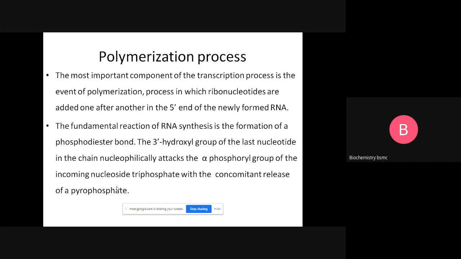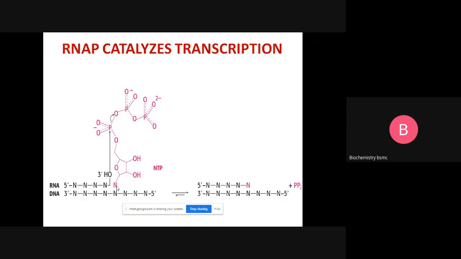The fundamental reaction of RNA synthesis is the formation of a phosphodiester bond that I was discussing in that slide. So the 3' hydroxyl group of the last nucleotide in the chain nucleophilically attacks the triphosphate, but where? It attacks the alpha phosphate. So it is the nucleotide triphosphate. This is the 5 position of the NTP: 5 position CH2O and triphosphate.